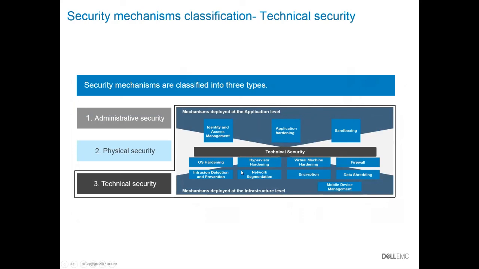You can have hardening at different layers: for the operating system, hypervisor, or the virtual machine. Strong encryption is one way. Having firewalls. You can play with the network: you can segment your network into critical and non-critical, and you can have strong intrusion detection and prevention systems in place.